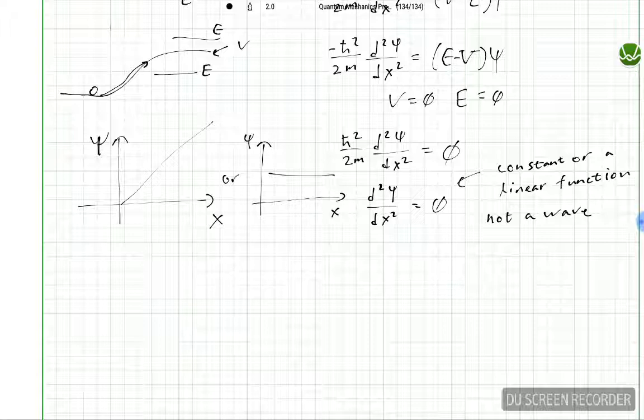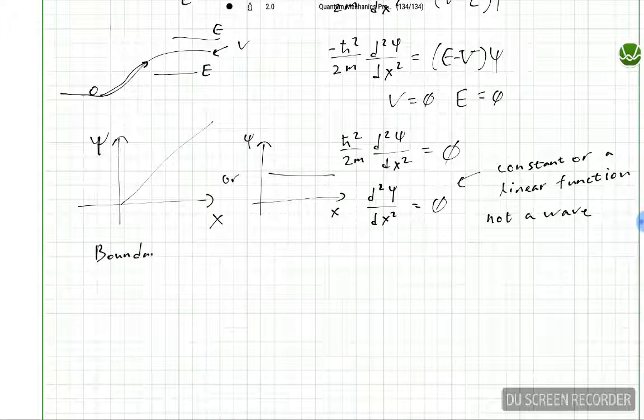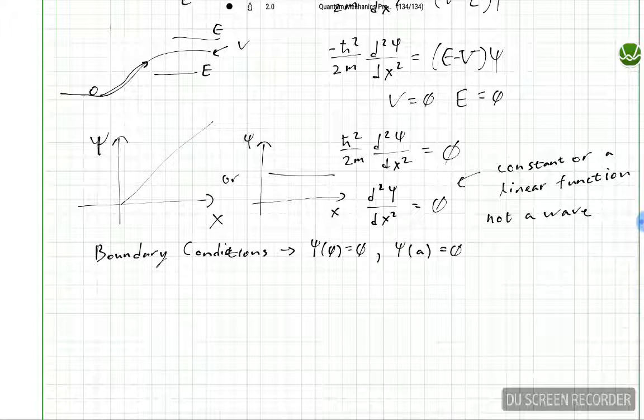If we want to go a little bit further, if you want a little bit more mathematical justification, let's look at the boundary conditions. Our boundary conditions will tell us exactly what it is. Our boundary conditions are that psi of 0 must be 0, and psi of a must be 0.